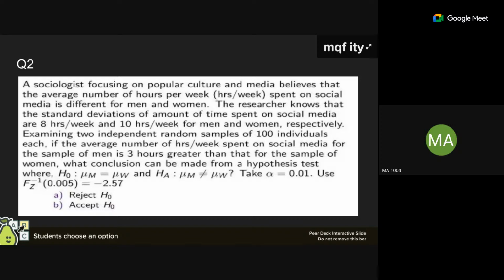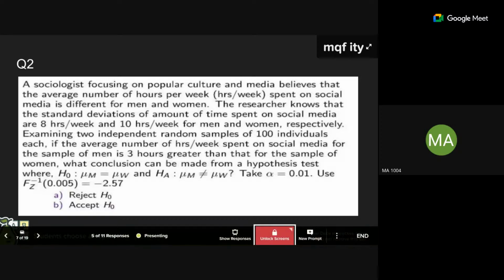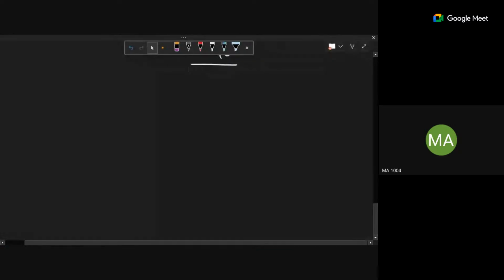Is it fine? Do you understand what the question is about? They will check whether the time spent on social media by men and women are same or not. So let me just write it. Let's say they have taken 100 samples.